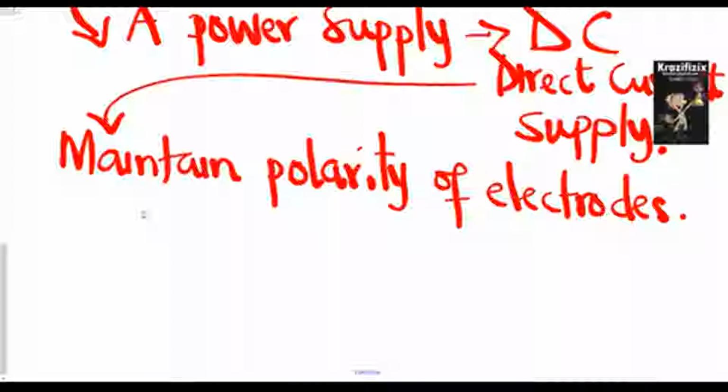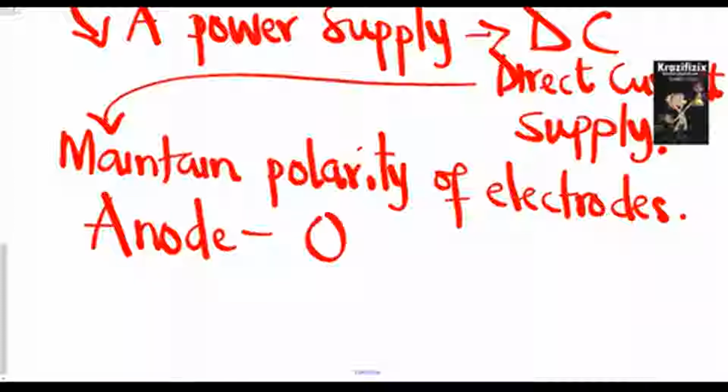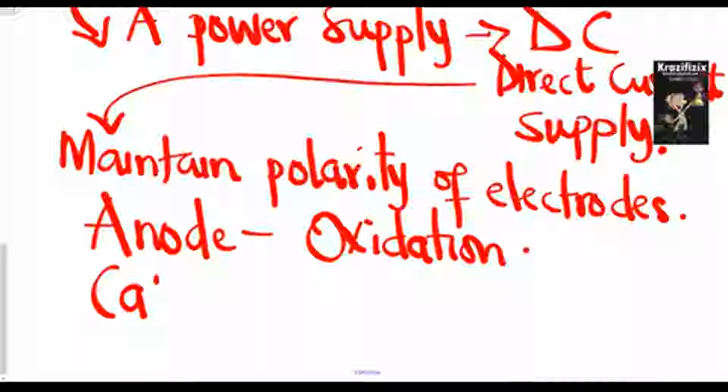setup. So the anode remains the half cell where oxidation takes place. Again, anode, oxidation will always take place at the anode. Oxidation, which is the loss of electron, and you have the cathode where reduction takes place.